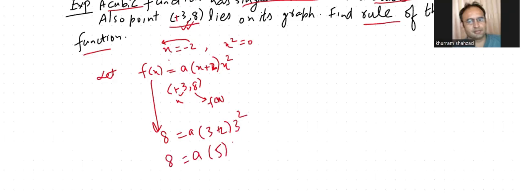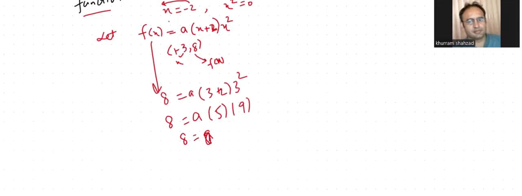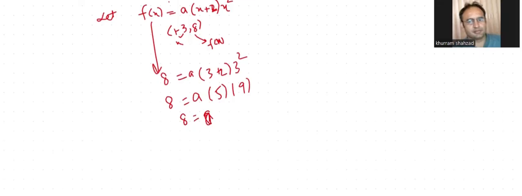So this 8 is equal to 9a times... this is a times 45. So what is the value of a? The value of a is 8 divided by 45.